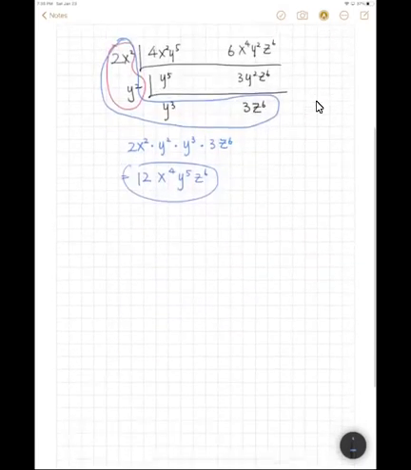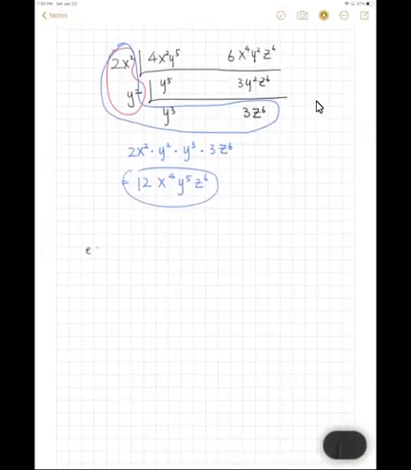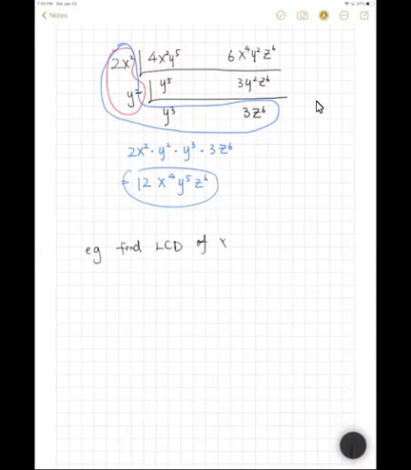Okay, for example, if I want you to find the least common denominator of x squared plus 2x minus 3 and x squared minus x minus 12. First step is you want to factor first. Then you will notice how many factors they have, right?